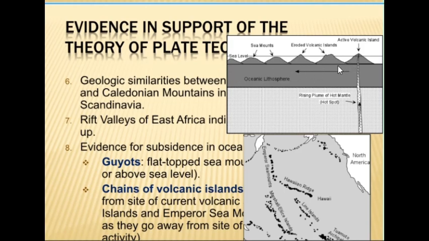Say, for instance, the continent started drifting to my right. This volcano here is going to become extinct. What does that mean? Inactive. And then what will happen here on this surface? A new volcano. And it's going to remain there for some time, and then with continuous drift, you're just going to have a chain of volcanoes on the surface, with the previous ones becoming more older and extinct as time went by.